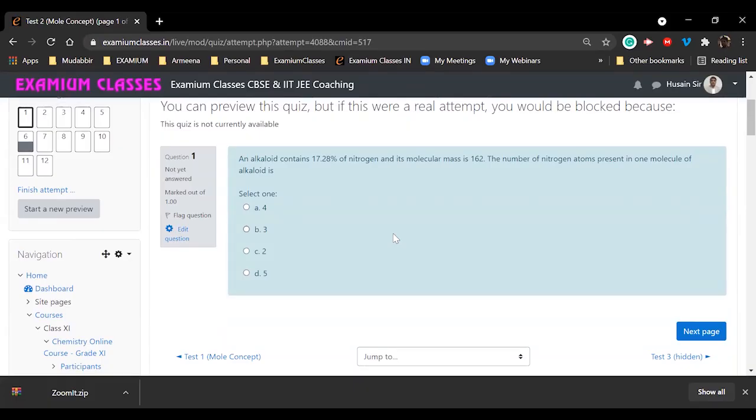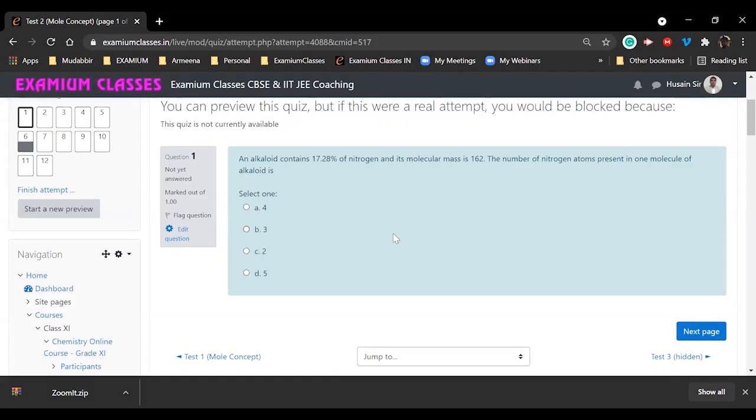An alkaloid contains 17.28% of nitrogen and its molecular mass is 162. The number of nitrogen atoms present in one molecule of alkaloid is? In these types of questions, 17.28% of nitrogen means out of 100, it is 17.28.